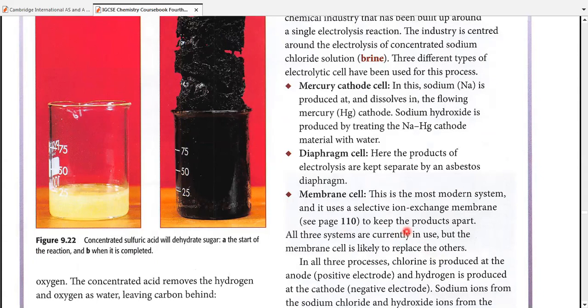It allows a few specific ions to pass and stop all the rest. Like back on page number 110, I just told you it allows sodium ions to pass and water molecules to pass, but it does not allow chloride ions, hydroxide ions, and hydrogen ions to pass. So hence the name ion exchange membrane.